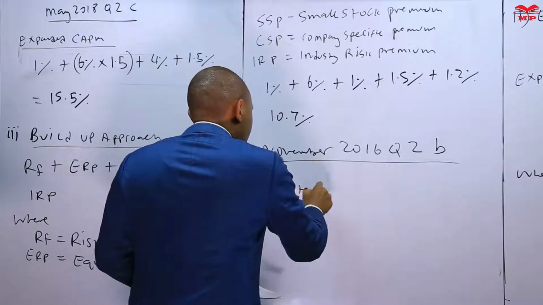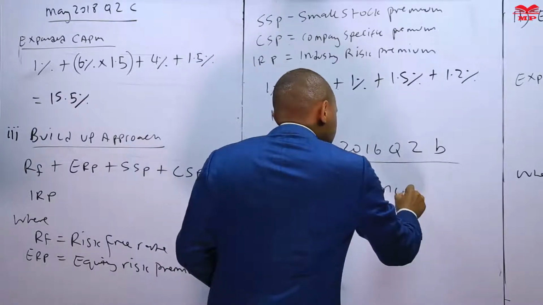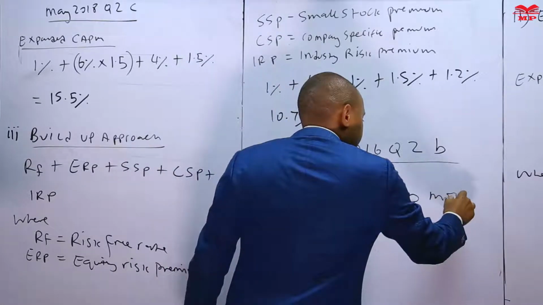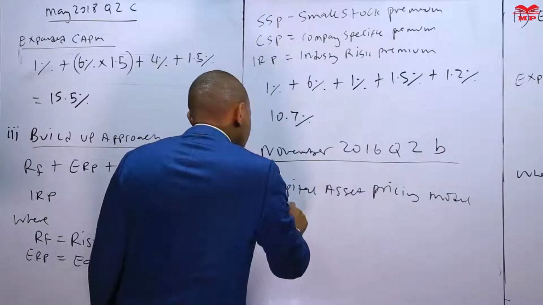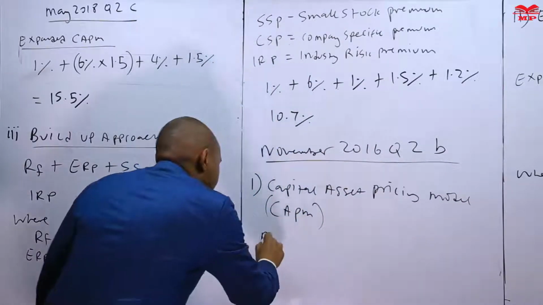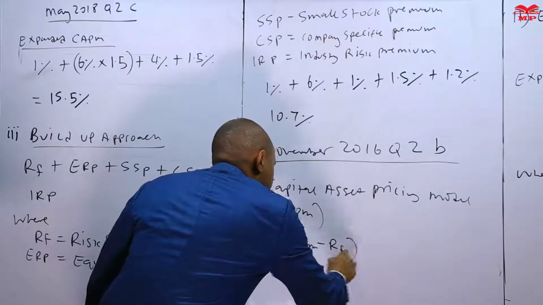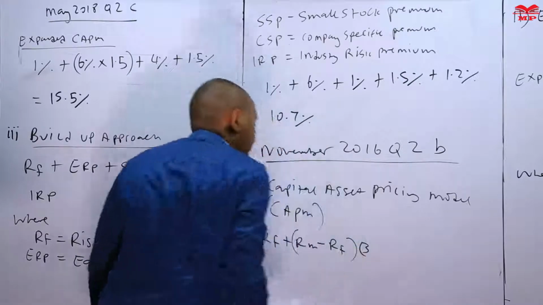Capital asset pricing model, CAPM. We have RF plus RM minus RF times beta.